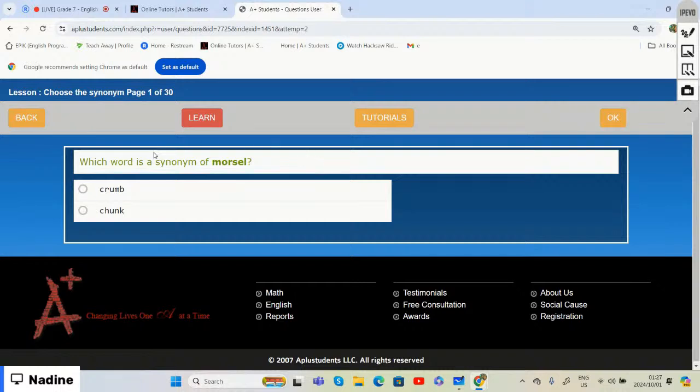Which word is a synonym of morsel? Which word is a synonym of morsel? Morsel. Is it crump or is it chunk? Crump or chunk? Morsel.